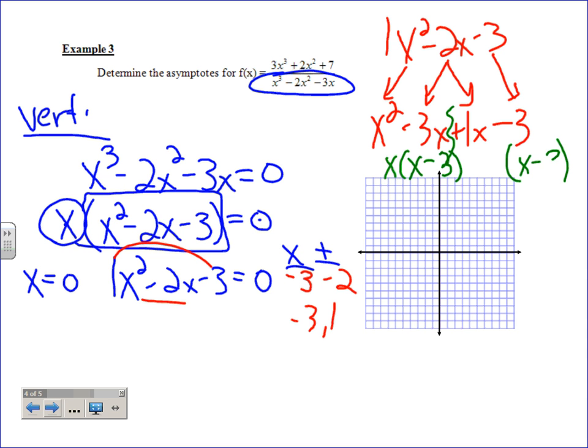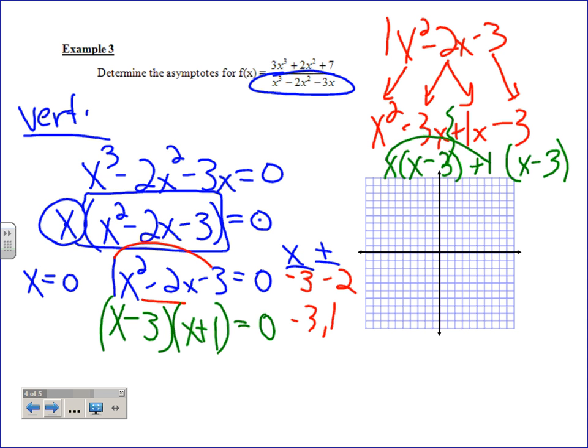So what has to be over here? For this to work, I have to have x minus 3. Can I actually get it? Yeah, by taking out exactly a positive 1 or a negative 1? Positive 1. So my factors are, and I can come back down here now if you don't mind, x minus 3 is one of the factors, and x plus 1 is the other factor, right? And I want to set those equal to 0. Once again, they're multiplied.